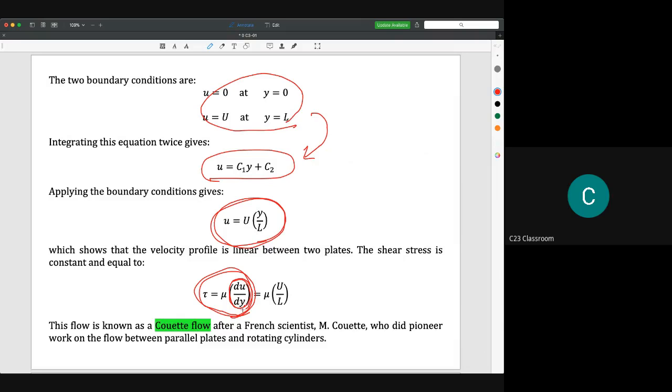We know that u is equal to capital U y over L, and if we differentiate this term du/dy, we will get U over L. That's why we could substitute into this one: tau is equal to mu U over L. This idea was actually proposed by Couette, a French scientist. Until now, we call this kind of solution a Couette flow.